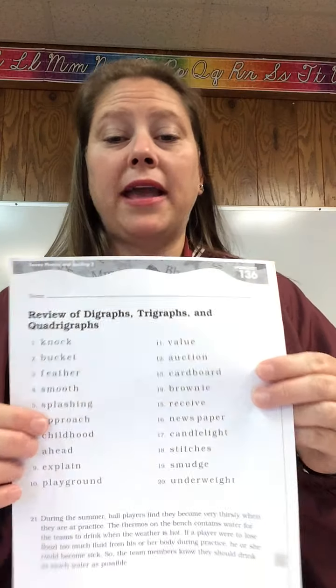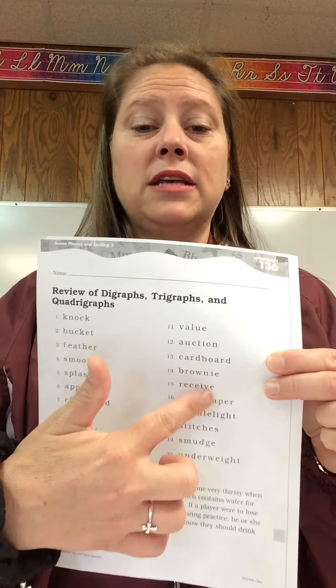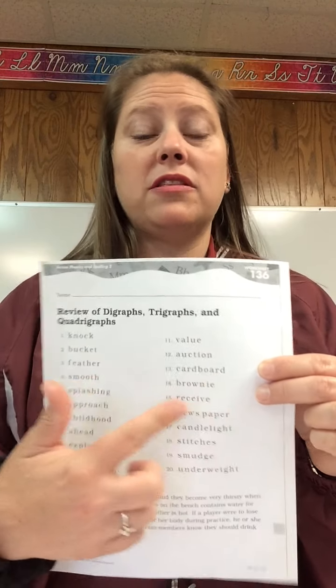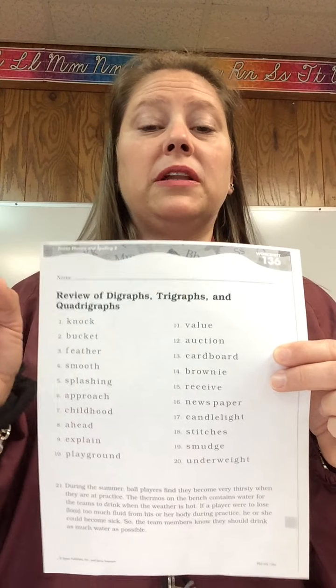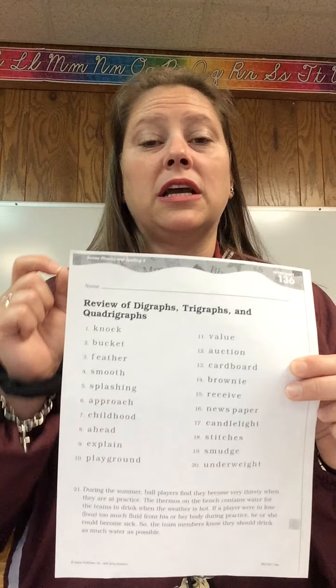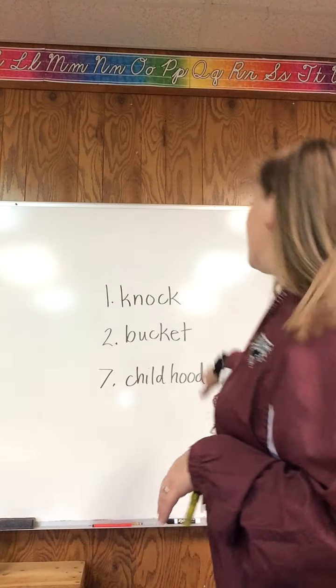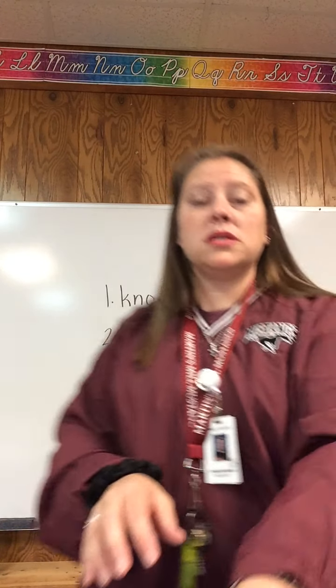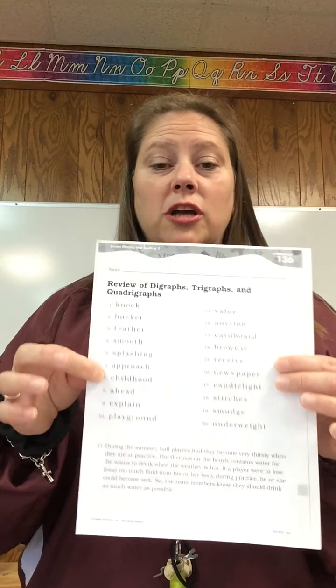All right, so on this page, you're going to be looking through these, and that's really the main thing you're trying to find. I want you to code everything you need to within these words, but you're specifically looking for digraphs, trigraphs, and quadrigraphs. We're going to go through the process of coding a couple of the words on this list. We're actually going to do 1, 2, and then we'll jump to 7.